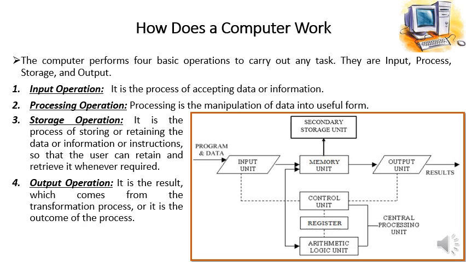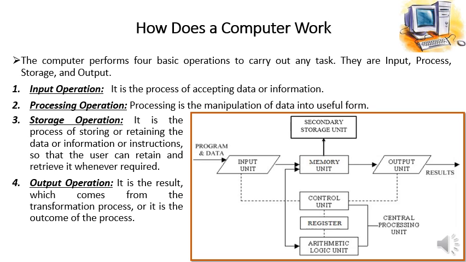So once all these operations are performed, the data can be again stored inside the memory unit, and further the memory unit can store data into the secondary storage by the instruction of control unit or CPU.